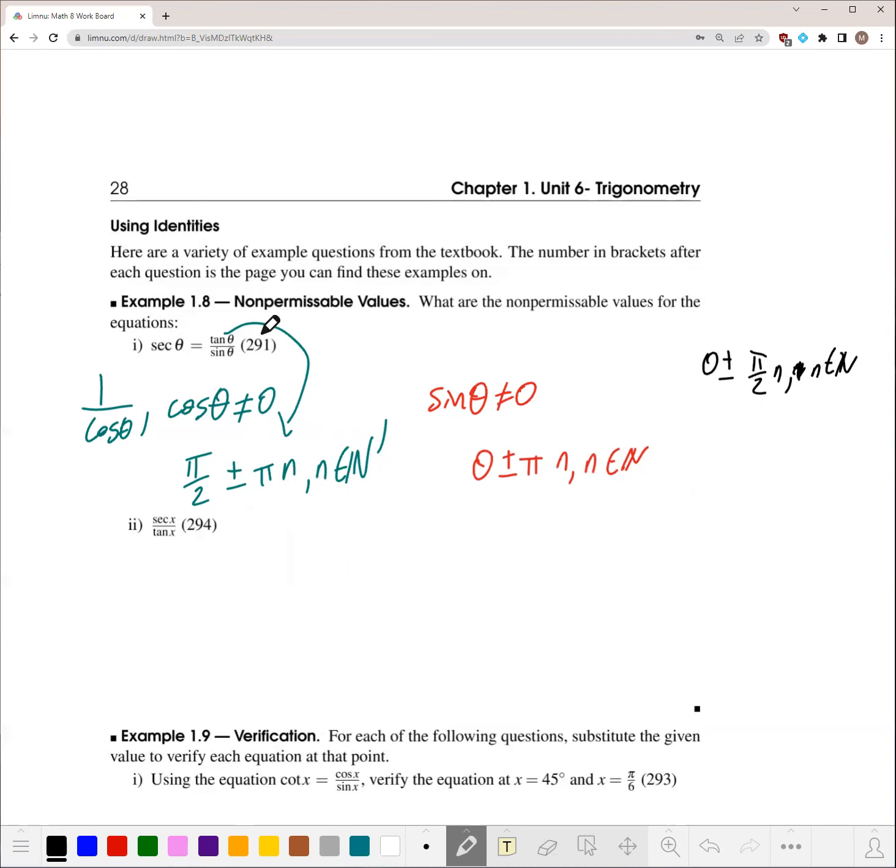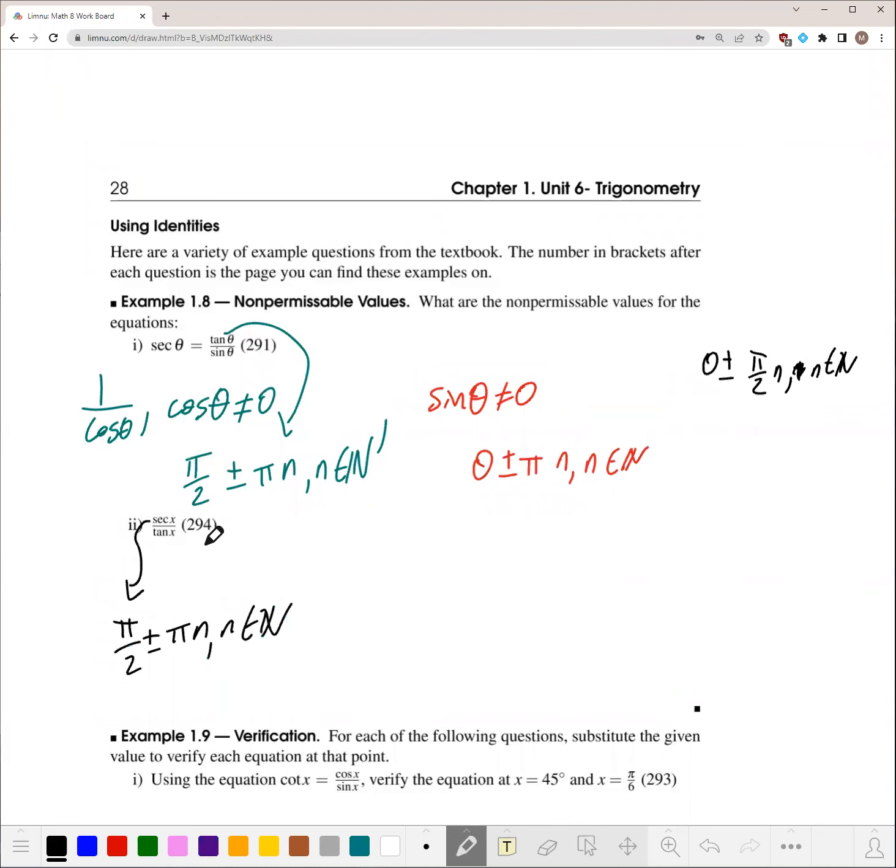And by the way, these numbers beside them, those are just the textbook pages that they're from. Tan x, well, we know that we can't have tan x equal to 0, and it's also got a non-permissible value of its own. So let's look again at secant x. Secant x, we know pi over 2 plus or minus pi n, where n is an element of the natural numbers. Those are non-permissible values.